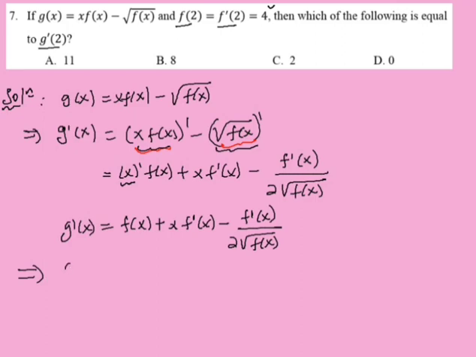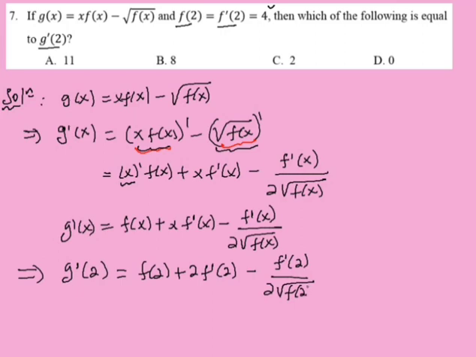Now we calculate g derivative at 2, which is f of 2 plus 2 times f derivative at 2 minus f derivative at 2 over 2 times radical f of 2. Now f of 2 is 4, f derivative at 2 is also 4, and f at 2 in the radical is 4. Substitute this result.